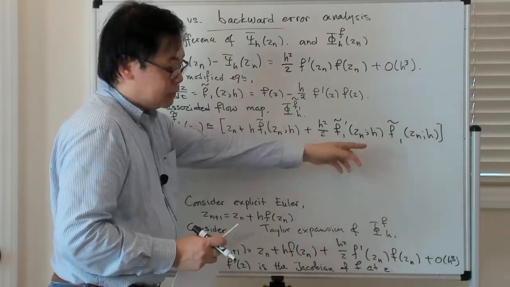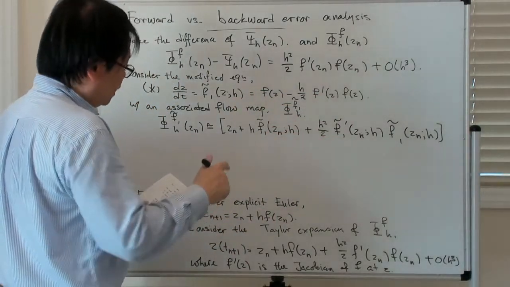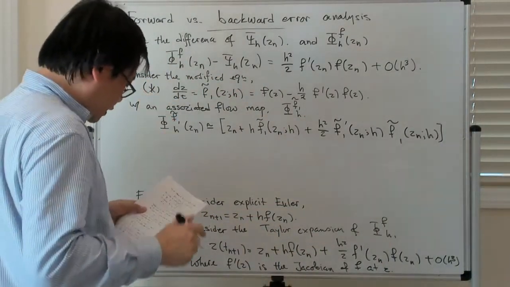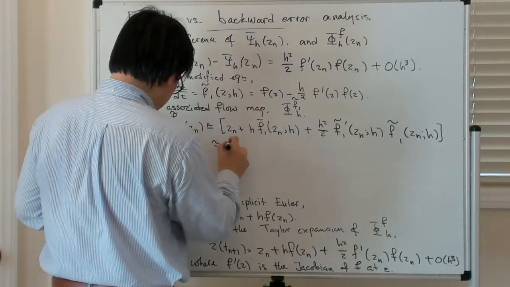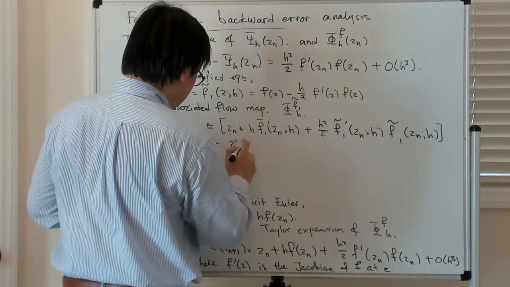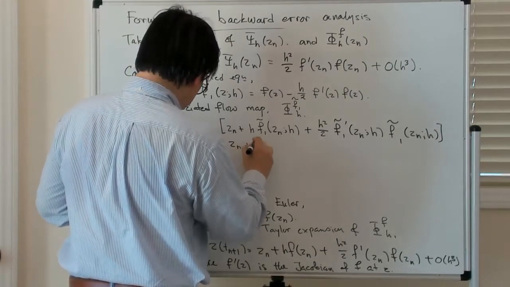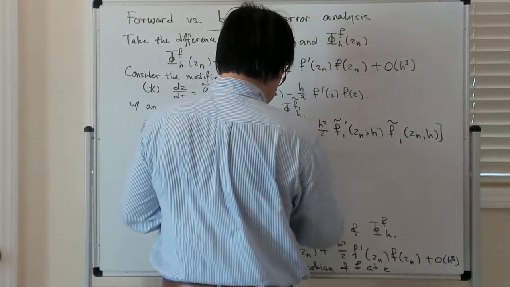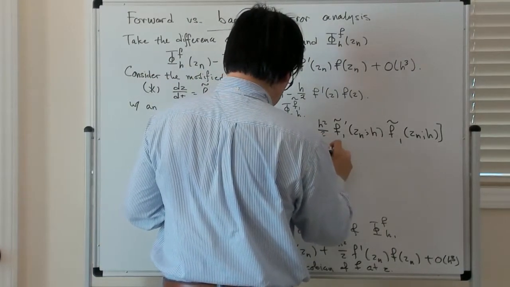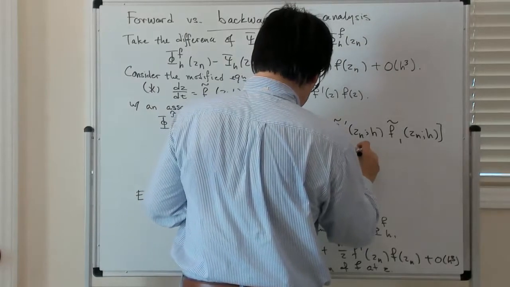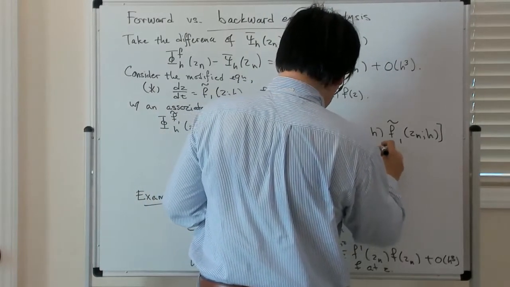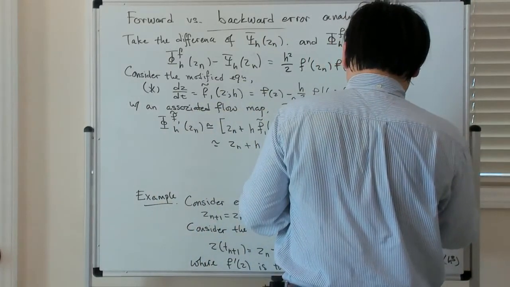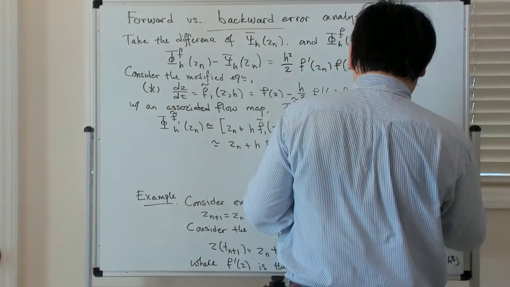So I substitute it into these expressions and then truncate, ignoring terms which are cubic in h, and this is approximately equal to z_n plus h f(z_n) minus h squared over 2 f prime(z_n) f(z_n) plus h squared over 2 f prime(z_n) f(z_n).